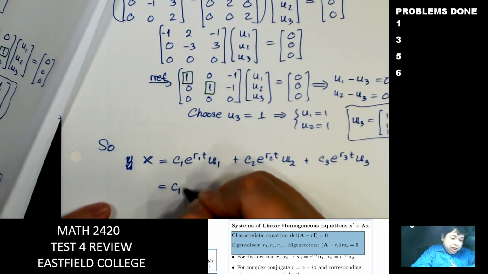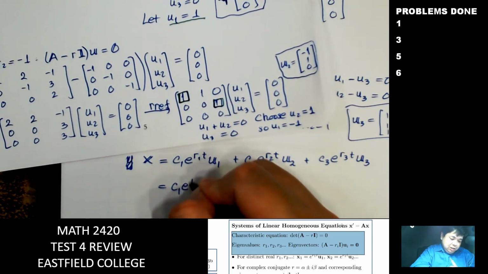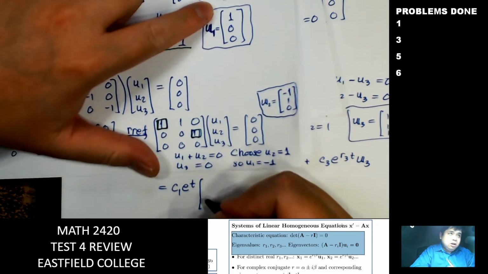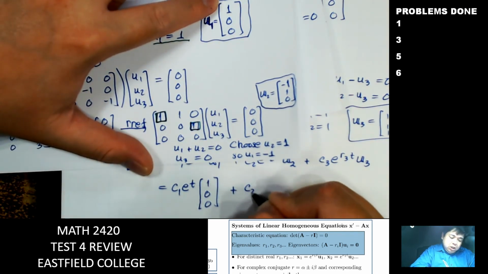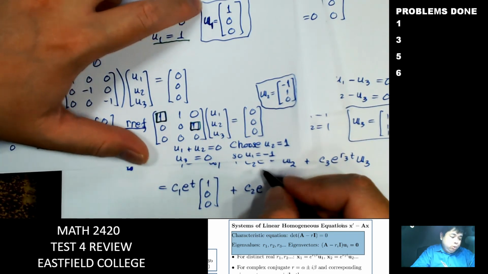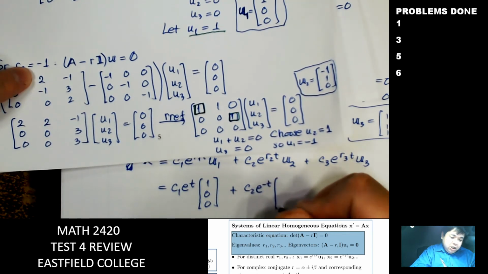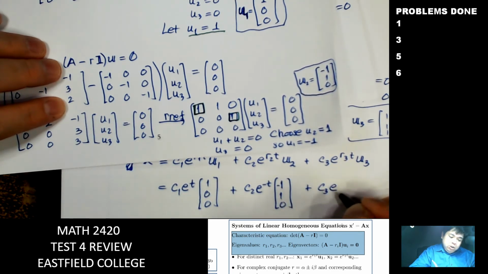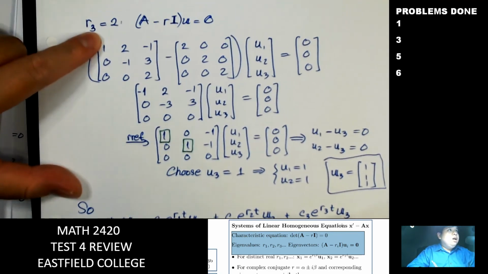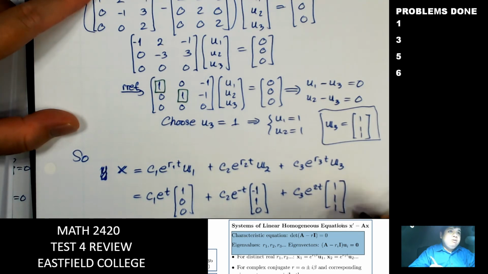Anyway, e to the r1 t is e to the t, and u1 is 1, 0, 0, plus c2 e to the r2 t, r2 is negative 1, so it will be e to the negative t, u2 is negative 1, 1, 0, and c3 e to the r3 t, r3 is 2, with 1, 1, 1 as the eigenvector.